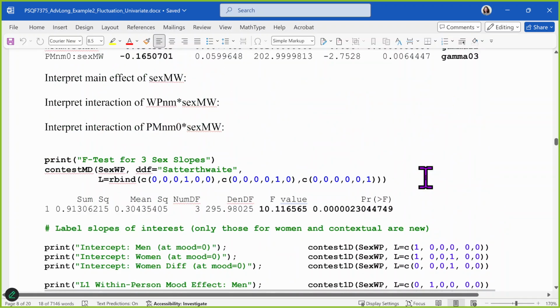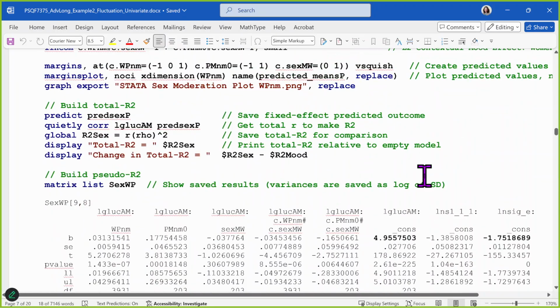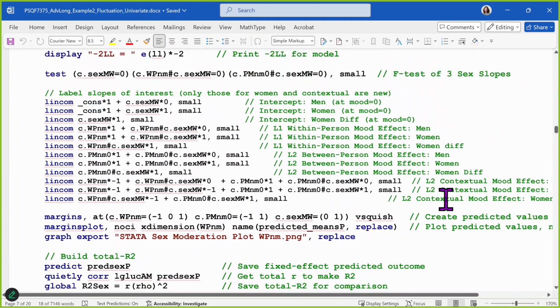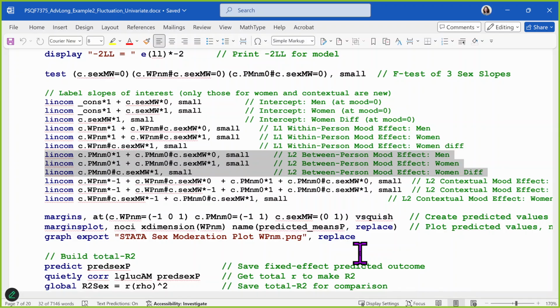But my philosophy in writing these kinds of statements is usually to write out whatever could be included given what is eligible. So for instance, if I'm talking about the between person effect, the only terms that would be relevant would be the ones that have person mean negative mood in them. So the main effect slope and the interaction with gender.